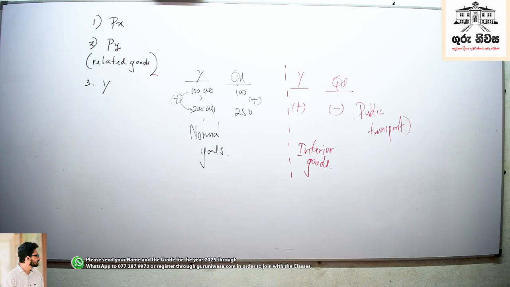Everything depends on the society and culture. In Colombo, like the Colombo southern areas, this individual class might be a type of normal good. But when it comes to rural areas, Anuradhapura, Polonnaruwa, an individual class might be a luxury. Did you get the point?